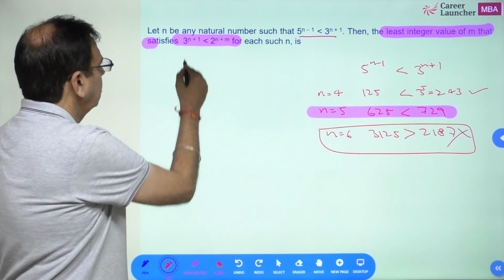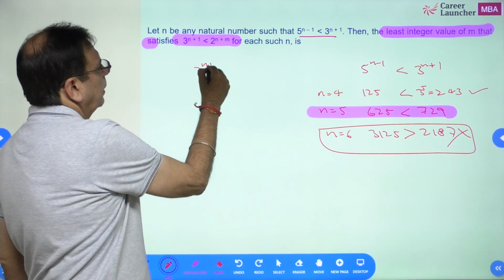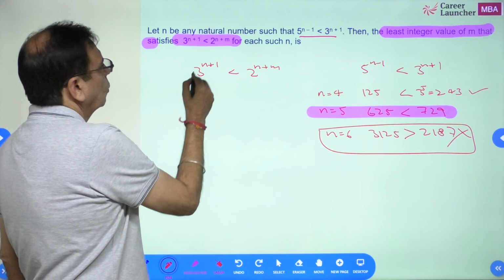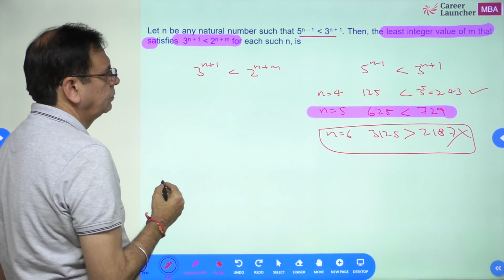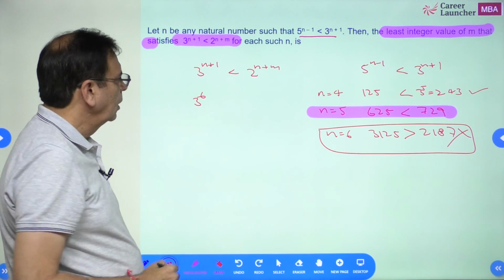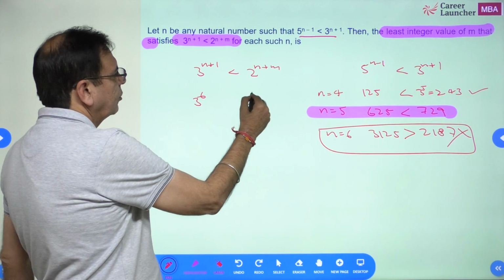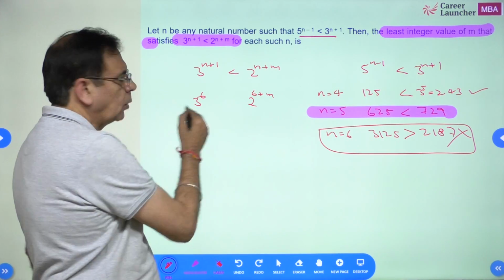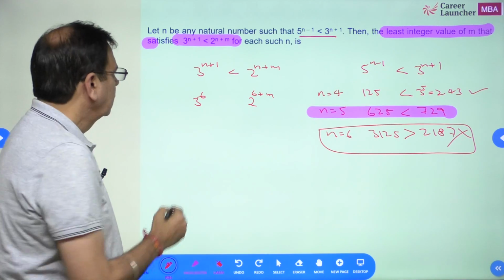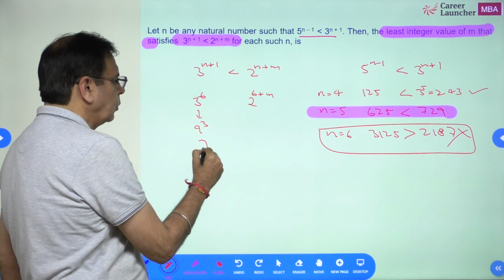Okay, so if I look at this, 3 to power n plus 1 has to be less than 2 to power n plus m. So we need n equal to 5. Okay, if n is equal to 5, this becomes 3 to power 6. But what is 3 to power 6? 3 to power 6 is nothing but 9 cube, which is equal to 729.